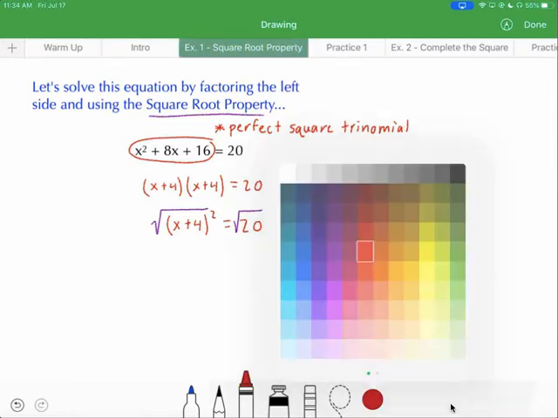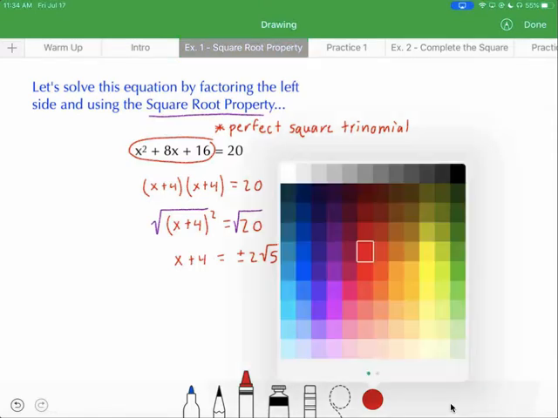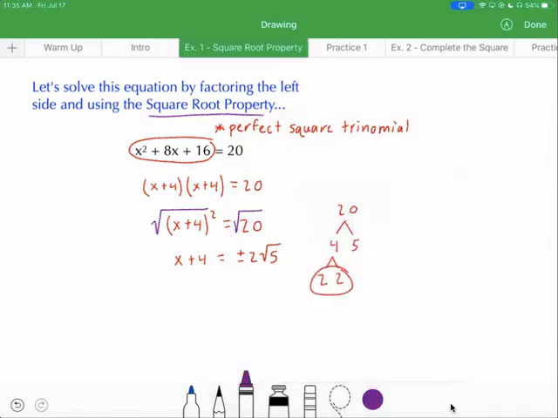That's going to lead me to x plus 4 is equal to plus or minus 2 square root of 5. Let's verify that. 20 is 4 times 5, and 4 is a perfect square, 2 times 2. So right there's your pair that you can pull out. And then I would subtract 4 from both sides here.